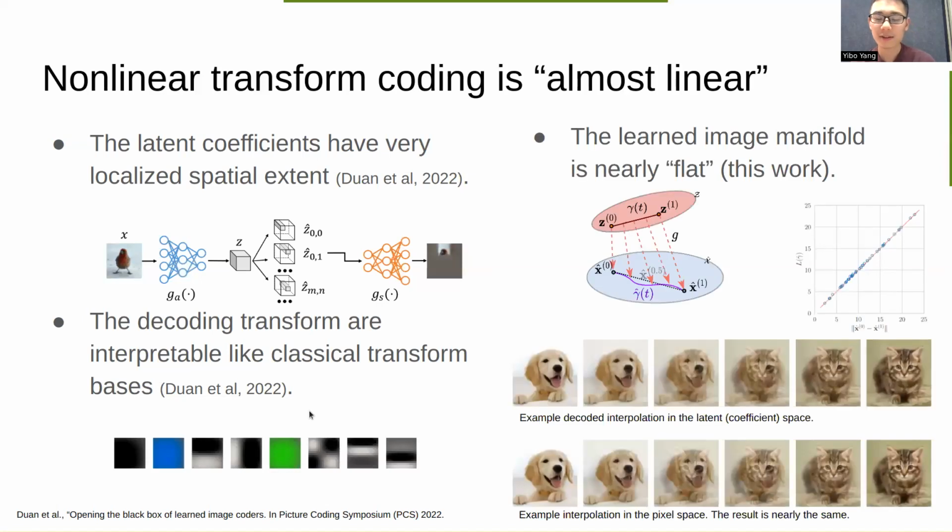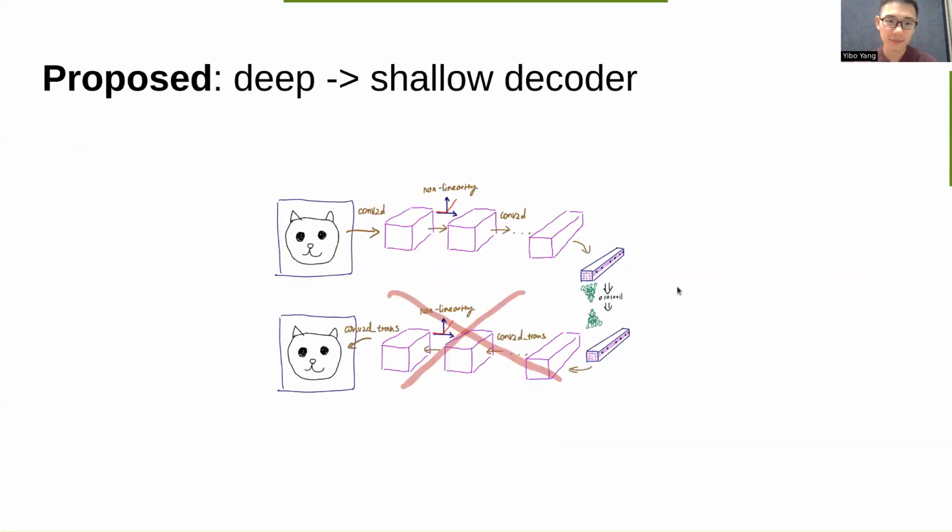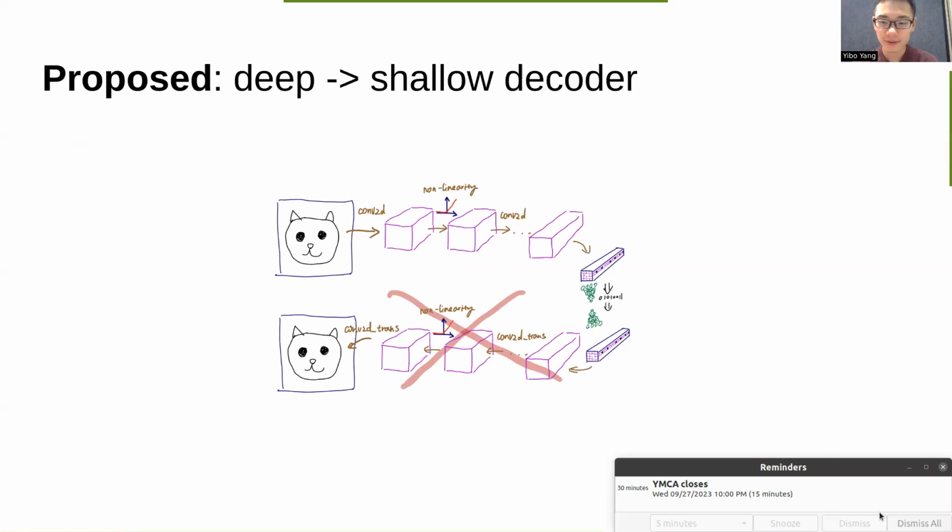And in this work, I even showed that the decoding transform essentially preserves straight paths, in that it will map an interpolation in the latent space into essentially a pixel space interpolation in the image space. So what can we do with all of this?